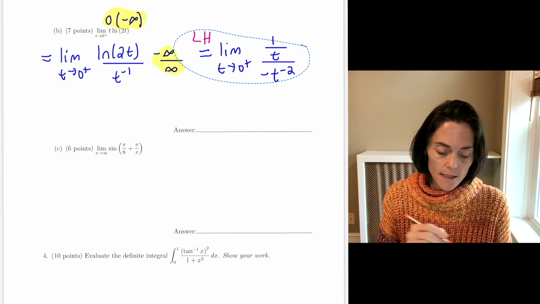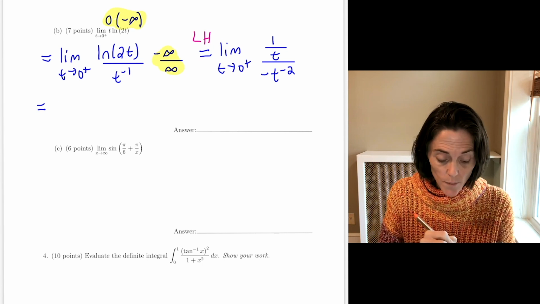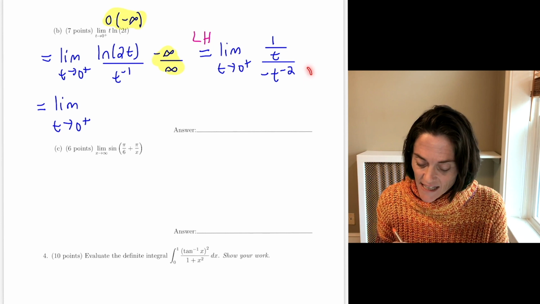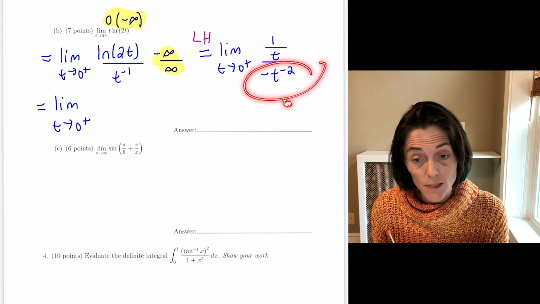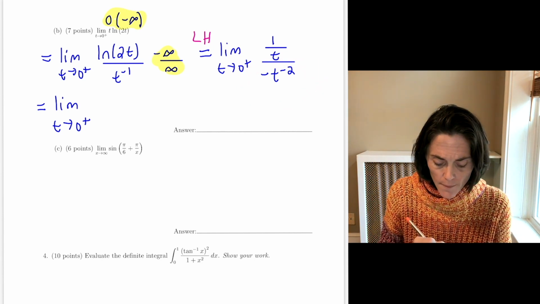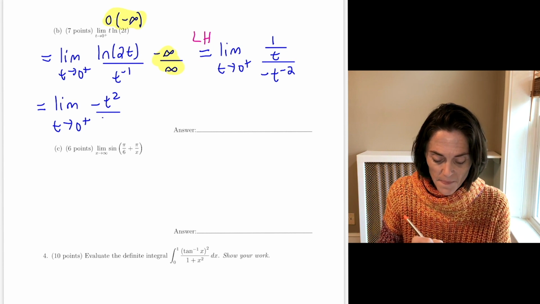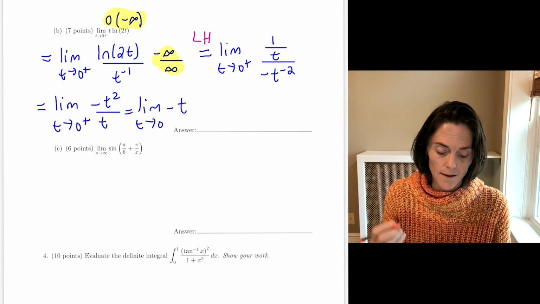What we need to do here is just use properties of algebra and exponents. So this will be a limit as t approaches 0 on the right. See this? If I move this to the numerator, it will be with a positive exponent. So really here I have a minus t squared divided by t, which, one more step, is a limit as t approaches 0 of minus t.